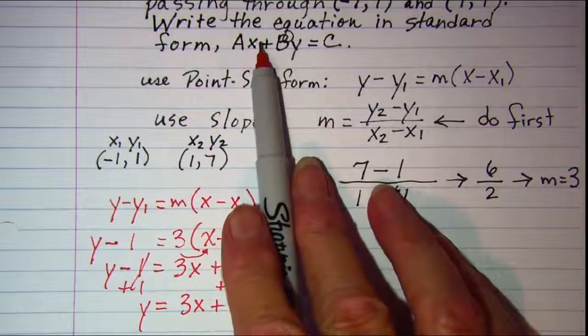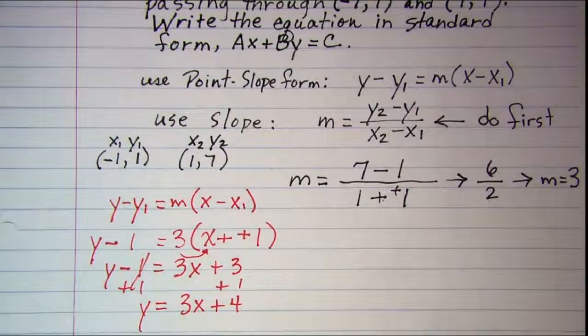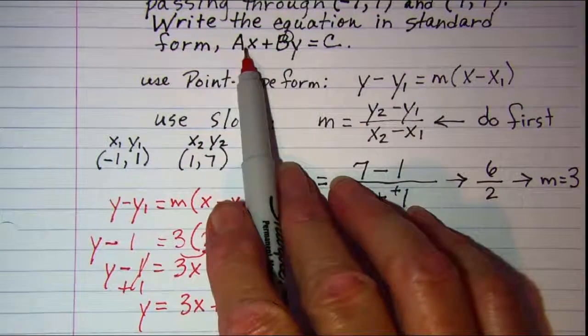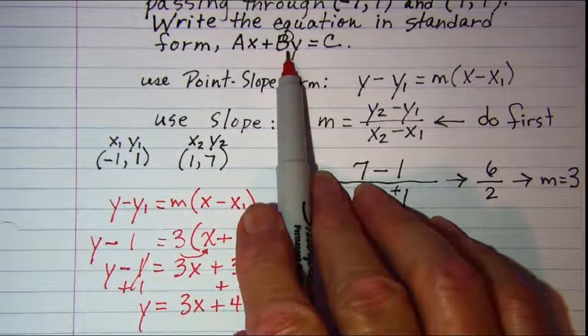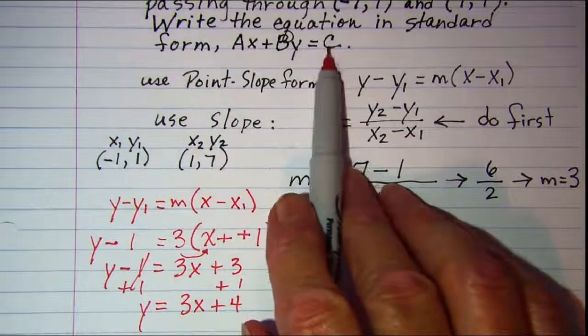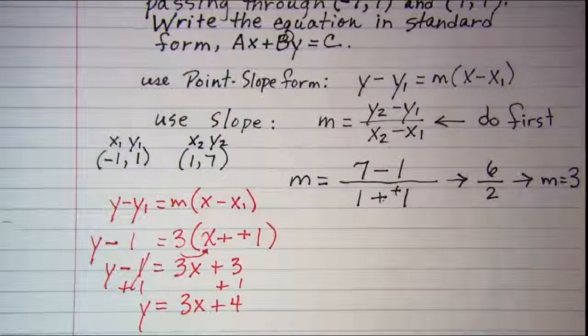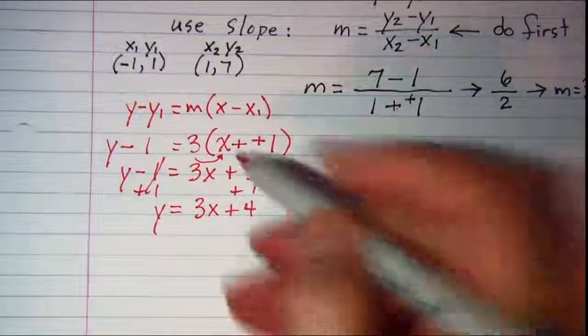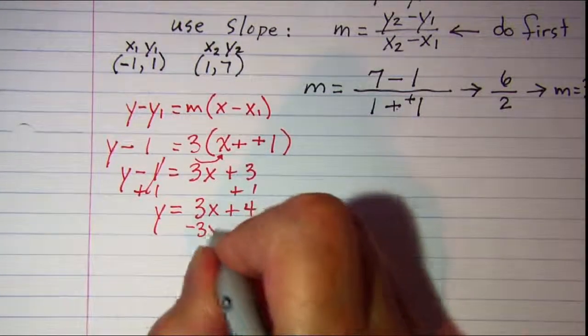But the problem asked for standard form, so we need to get the x and the y terms both on the same side, and then the constant on the other side. So let me subtract 3x from both sides.